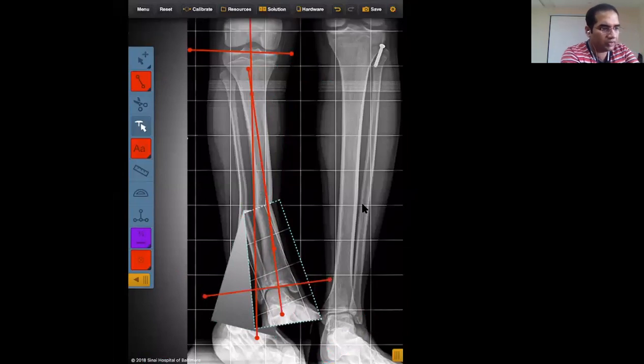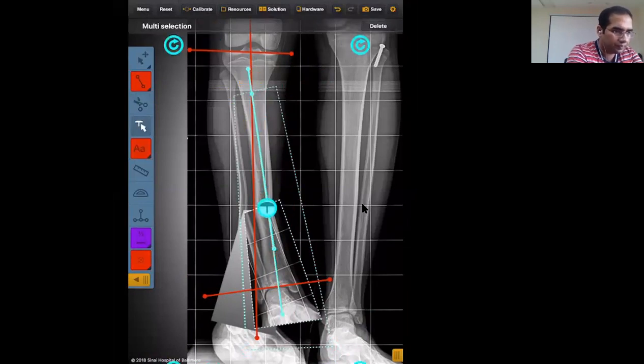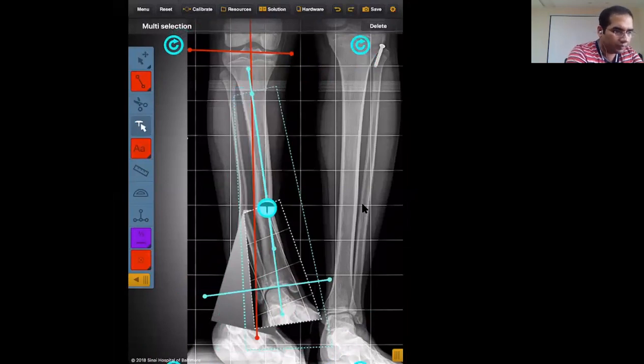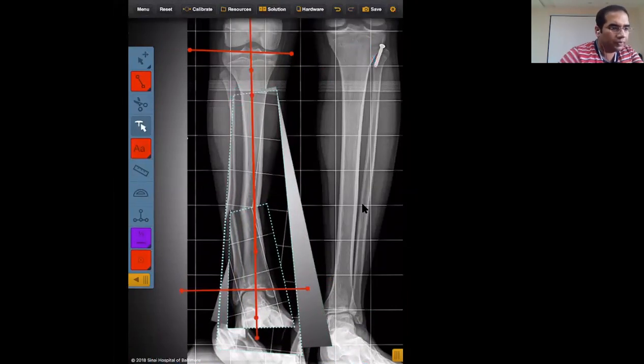Now I have done a closing wedge osteotomy over here and another osteotomy higher above, and now this has corrected the deformity.